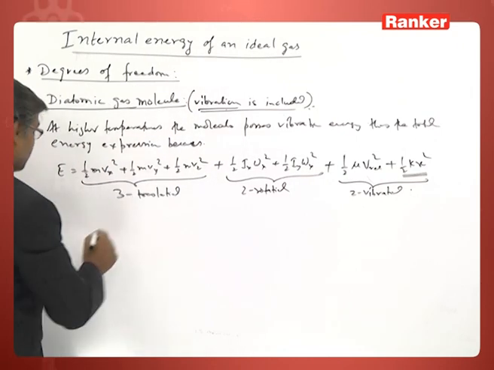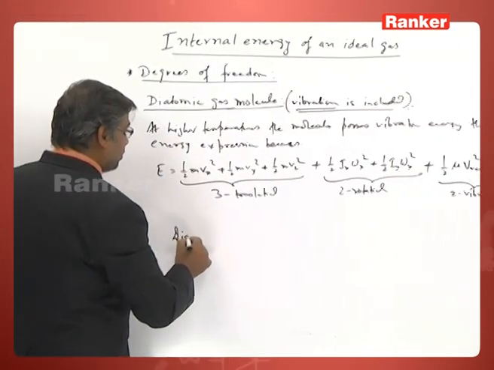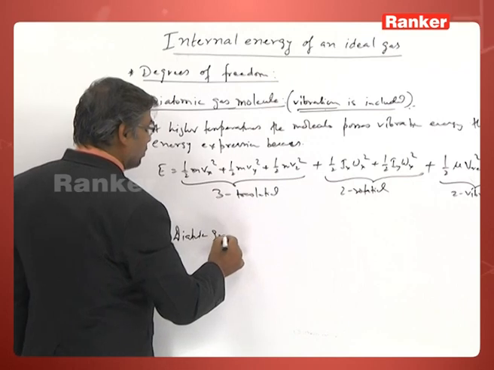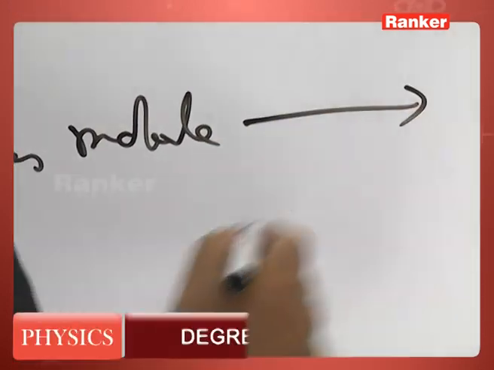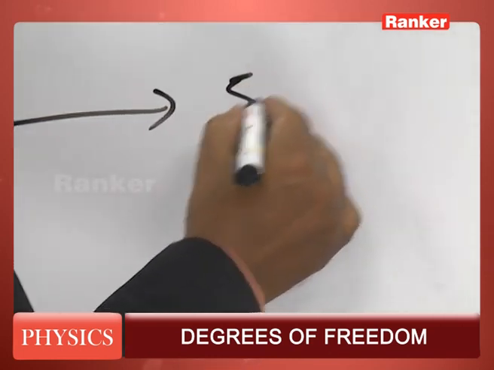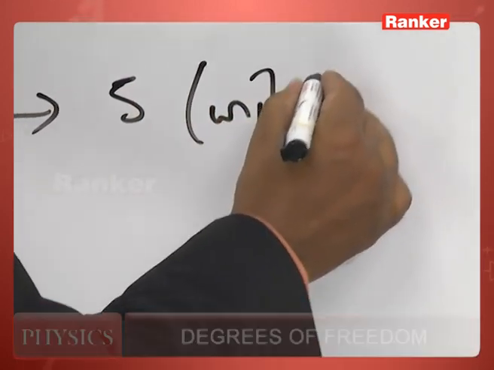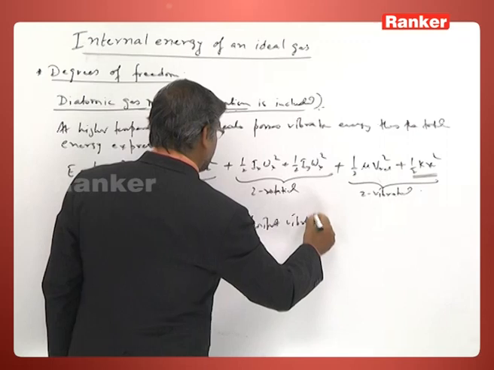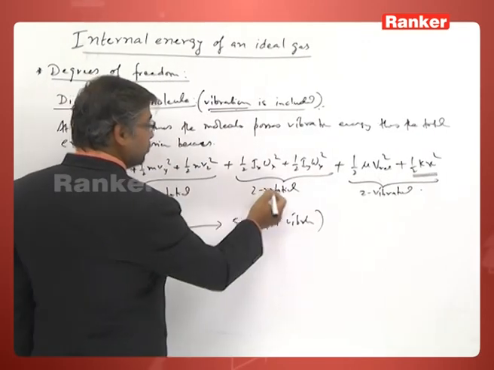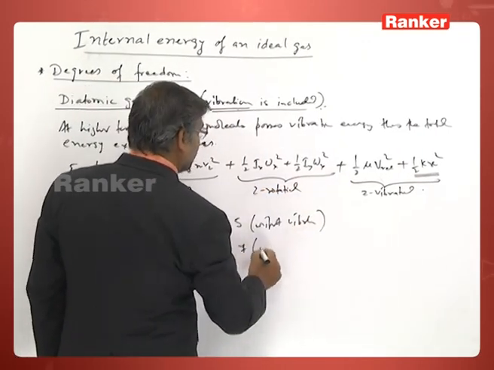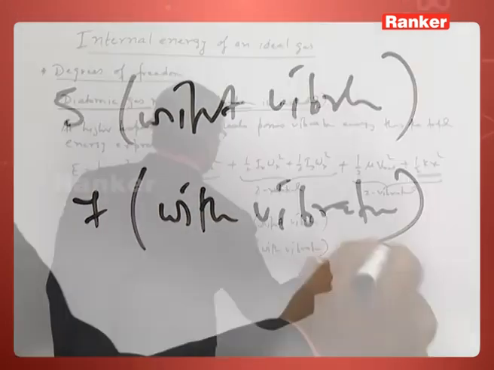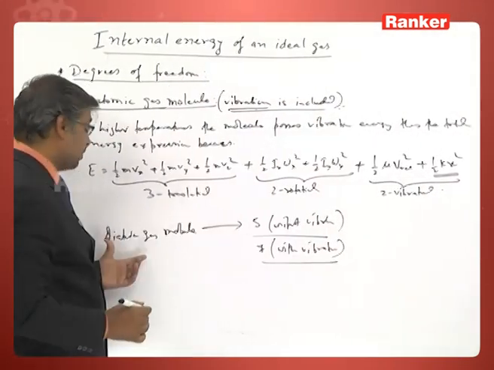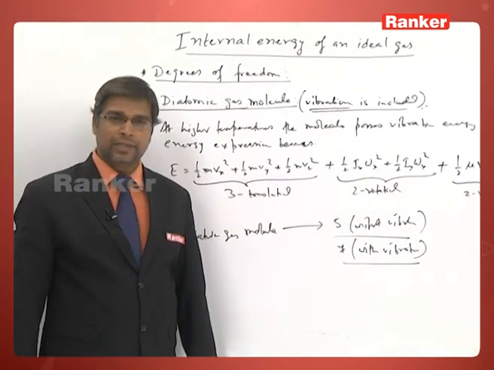So, thus a diatomic gas molecule will have 5 without vibration and will have 3 plus 2 is 5, plus 2 is 7 with vibration. So, these are the degrees of freedom of a diatomic gas molecule.